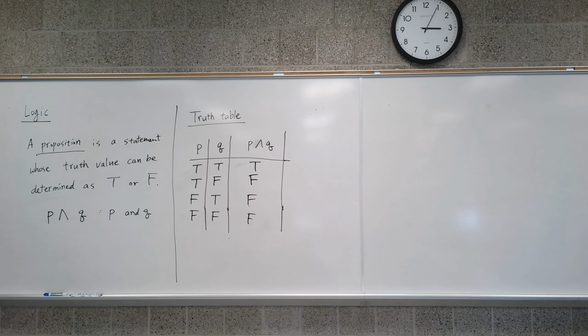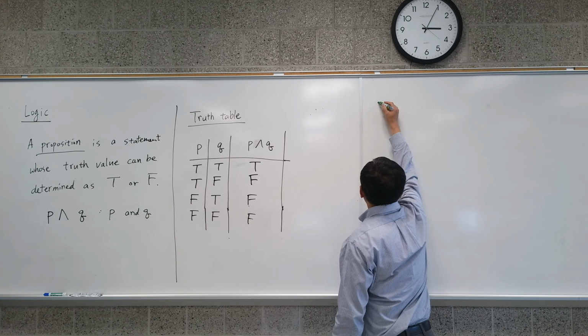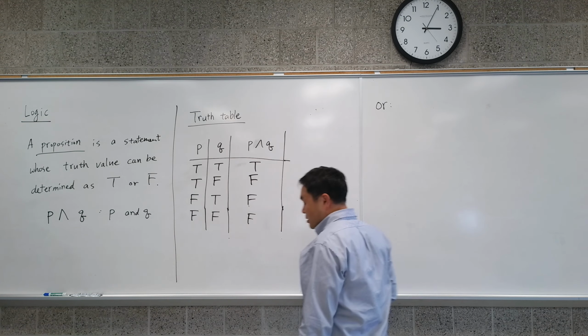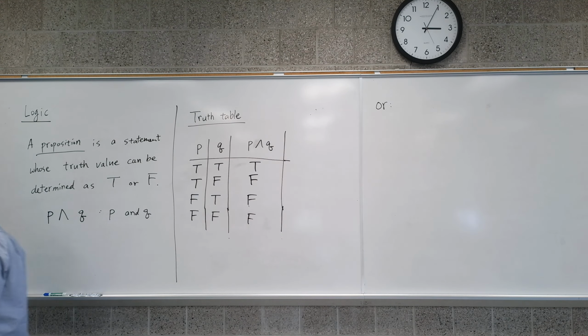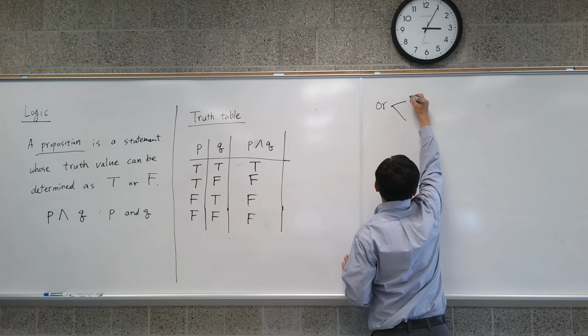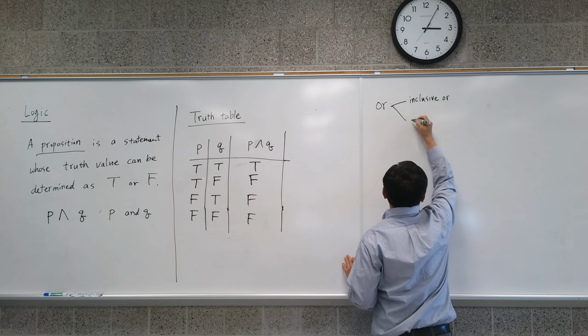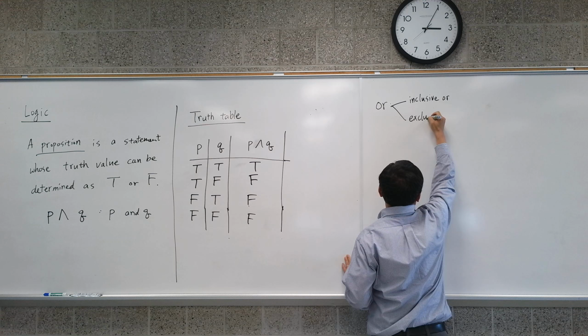So we can do something similar with the "or," but then already we have to be careful here because there are two types of ors. There's the inclusive or and an exclusive or.